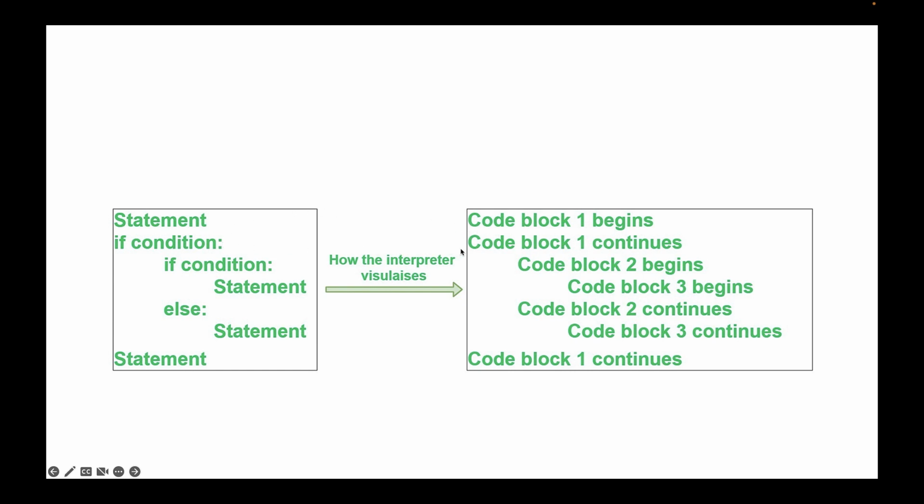We're doing indentation. This is the second block. And then another indentation, so this is the third block. Then we're moving back. So we have an if and else at the same level, so this is still block 2. Another statement, so this is block 3. And then we're moving back 2 times. This goes back to the first block. So this is the way this code is going to be interpreted in Python programming.